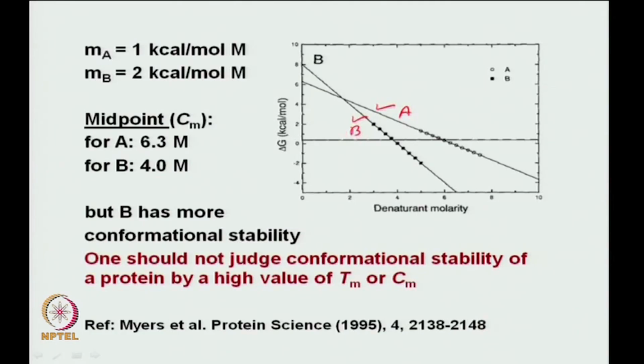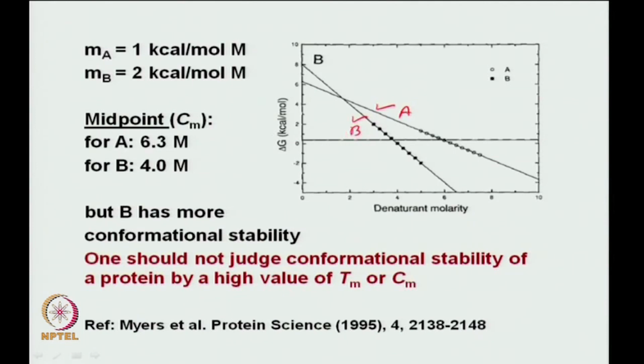Now, look at the midpoint of denaturation, the Cm. For A it is 6.3, but for B it is 4. You are essentially seeing the same thing as you saw for thermal denaturation, is it not? But B has more conformational stability. How do you know that?